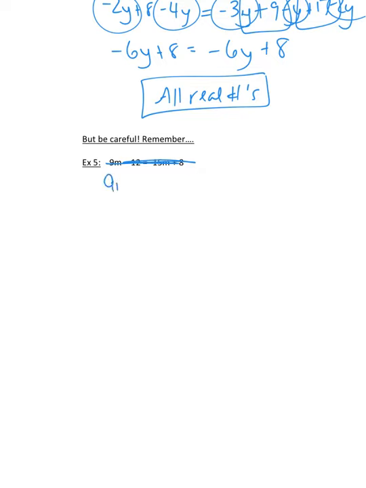Sorry. One more time. Let's say you had 9m minus 12 equals 15m minus 12.